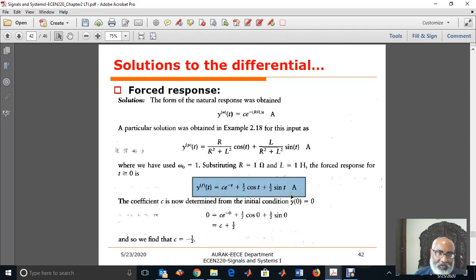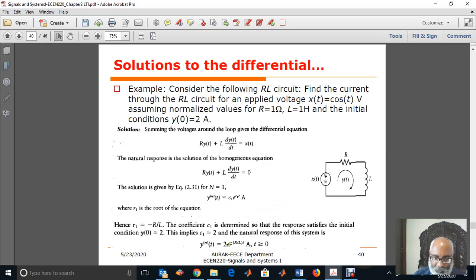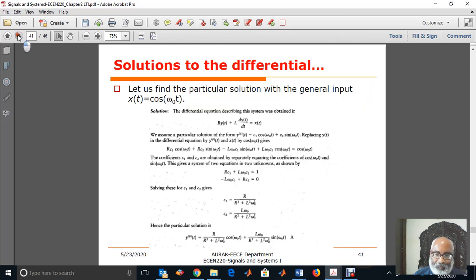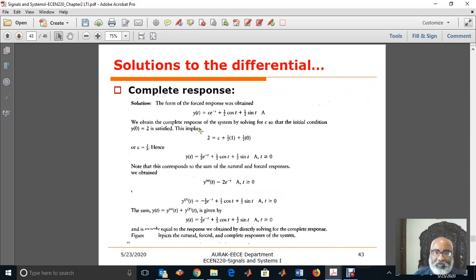Remember the complete solution is the natural response, which we found as 2 times e to the power of minus R over L t, plus the forced response, which is this one. Add these two, and we'll have the complete solution.